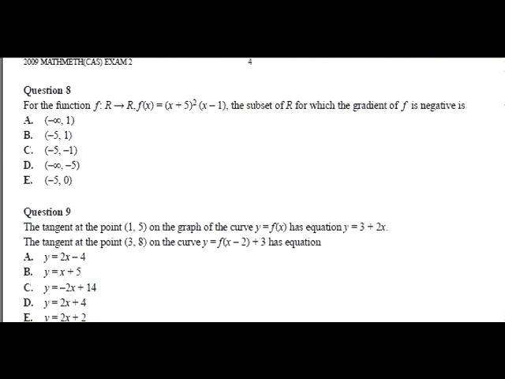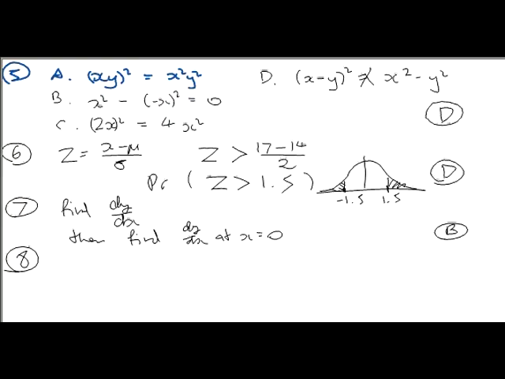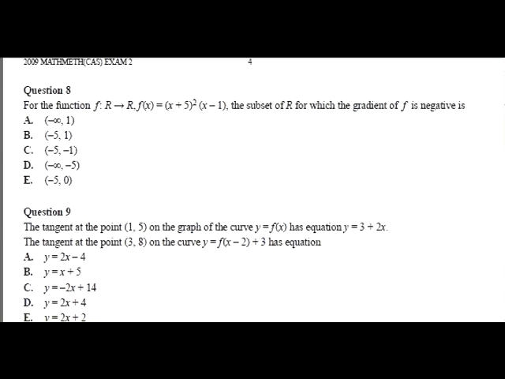Question 8. Some function. Again, calculator is the easiest one. You know what it's going to look like. It's a positive cubic, so it's going to be roughly this kind of shape. And use your calculator.